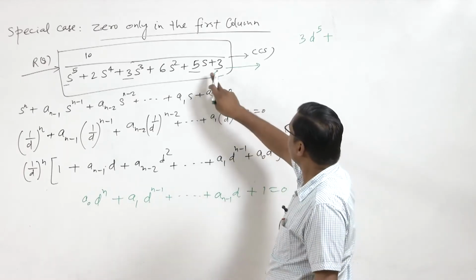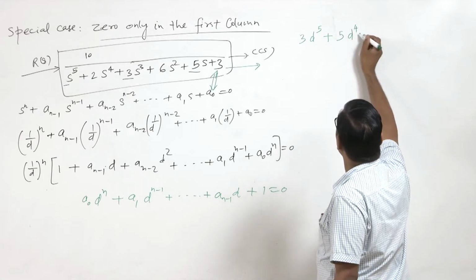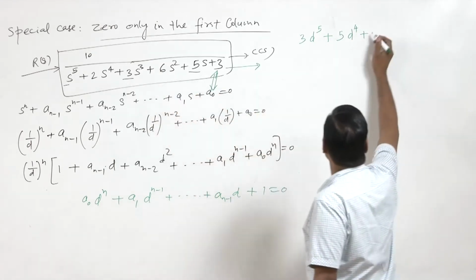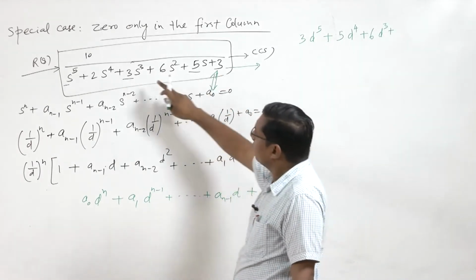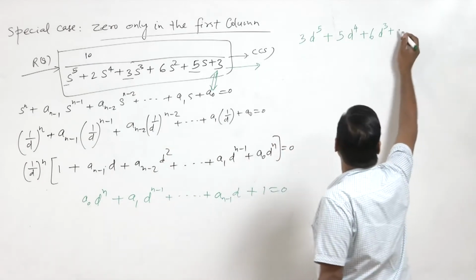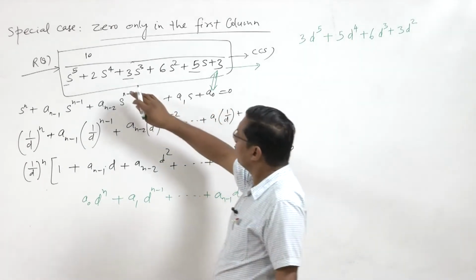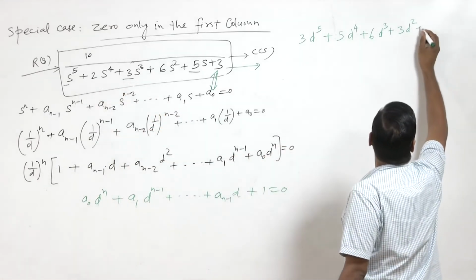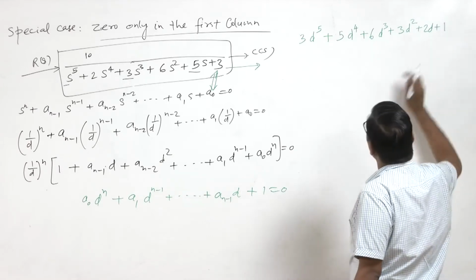So a1 is 5 and d power 4, plus 6 into d power 3, plus 3 into d power 2, plus 2 into d, plus 1.